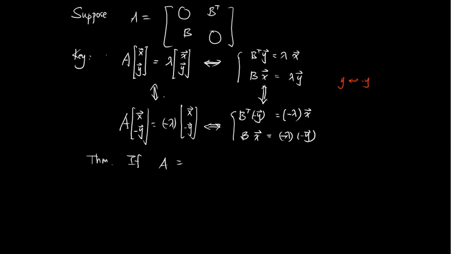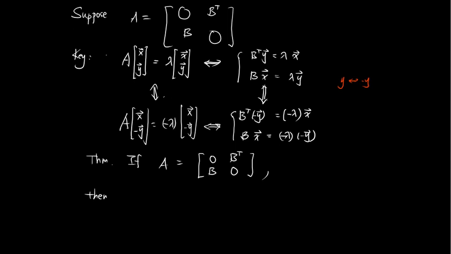If A is a symmetric matrix of the form with B and B transpose, and notice that this B can be any real matrix, even a rectangular matrix, then the eigenvalues, the spectrum of A, well, let me make it more precise.